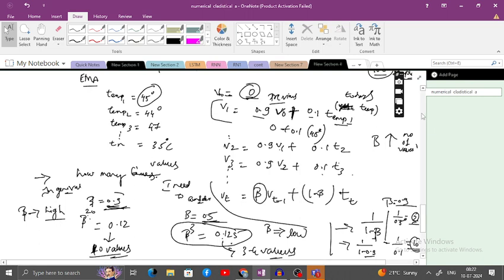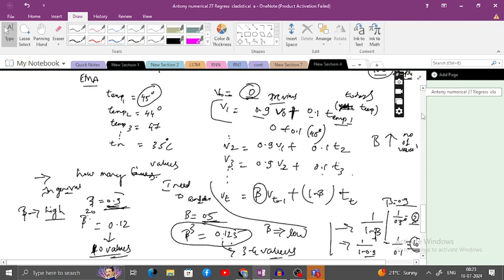If the beta value is higher, what happens? It will take time to converge to the global minima, obviously. If the beta value is low, it will converge to the global minima earlier.